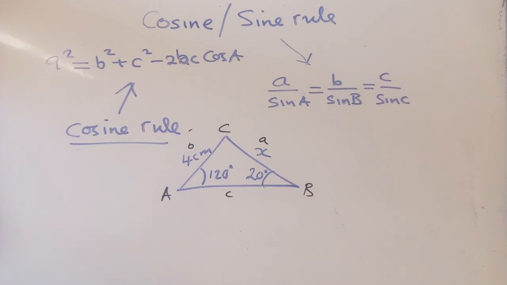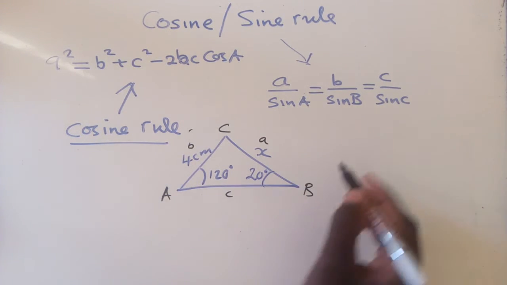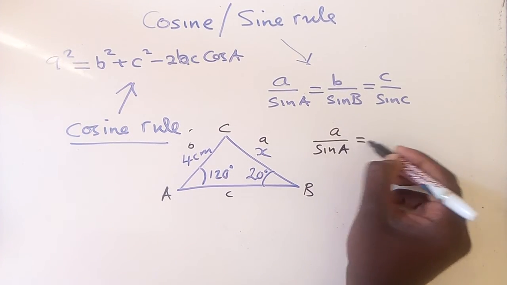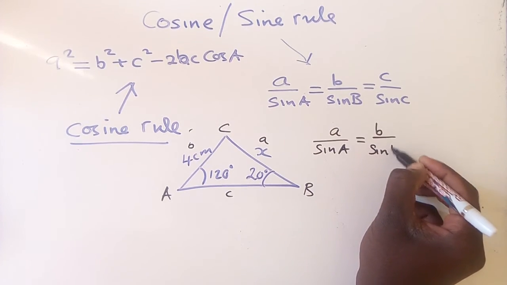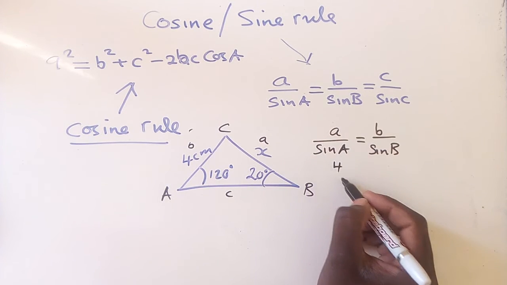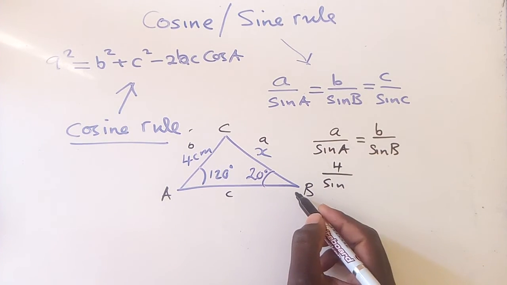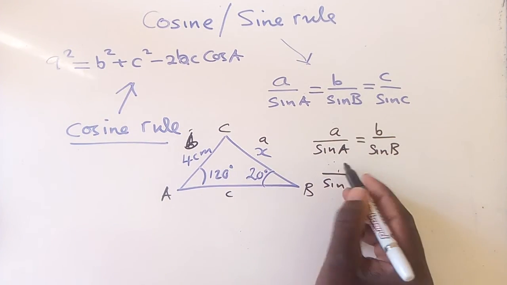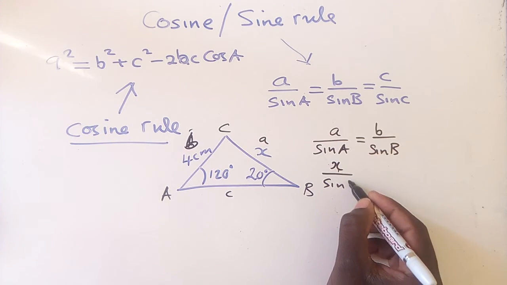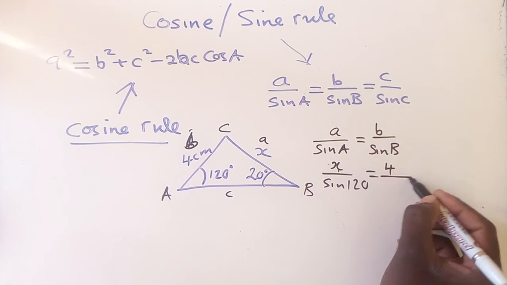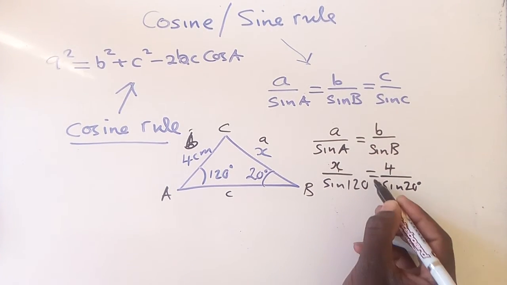Our formula says a over sine A is equal to b over sine B, and we just need these two. Plugging in, a is x, and the corresponding angle A is 120 degrees, which is equal to b, which is 4, over sine B, which is 20 degrees.